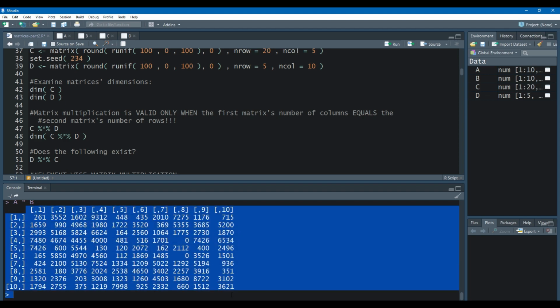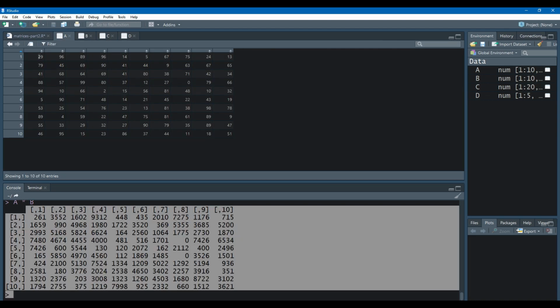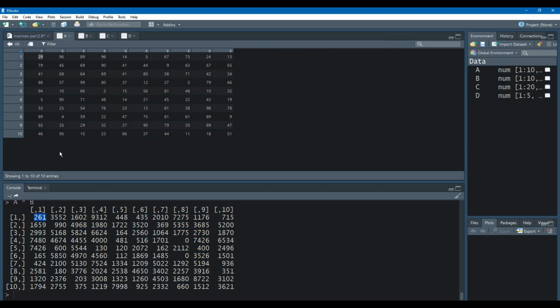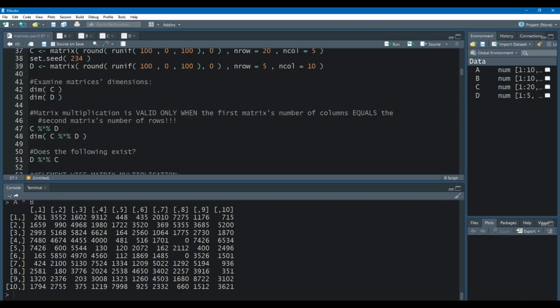So it preserves the shape because we're multiplying the first element of A with the first element of B. 29 times 9 is 261. Second, or to be more specific, the second column first row of A with the second column first row of B. So 96 times 37, if you want to check it, is 3,552. That's the concept of an element-wise operation.